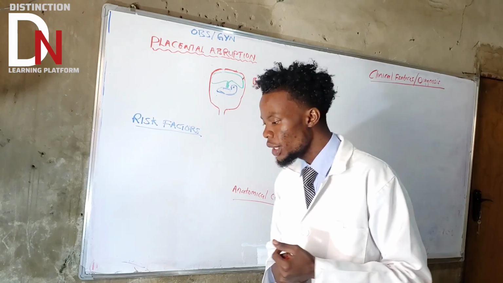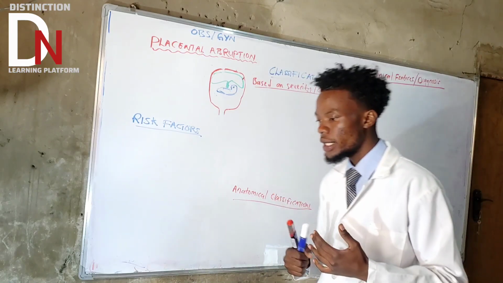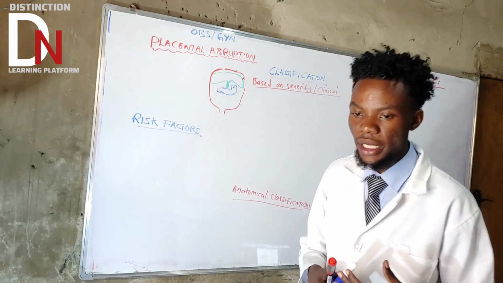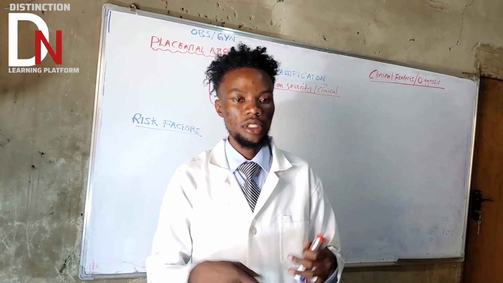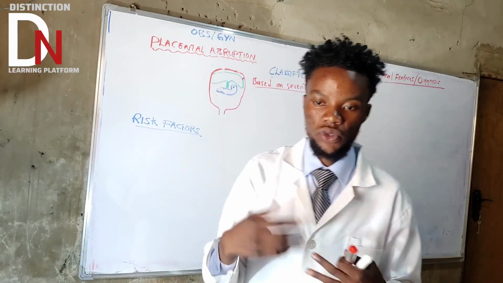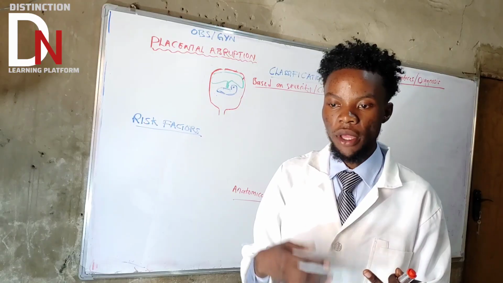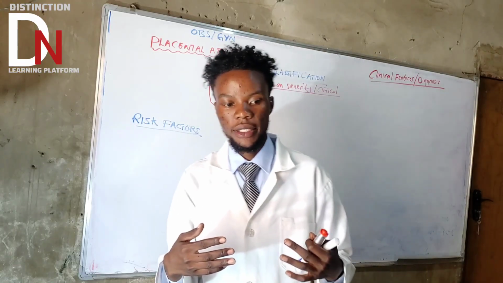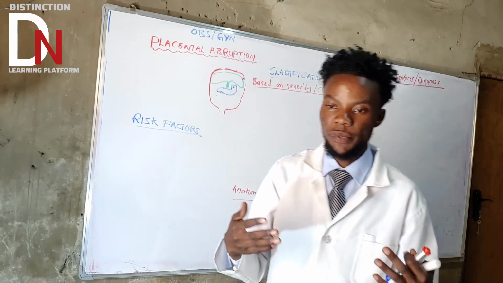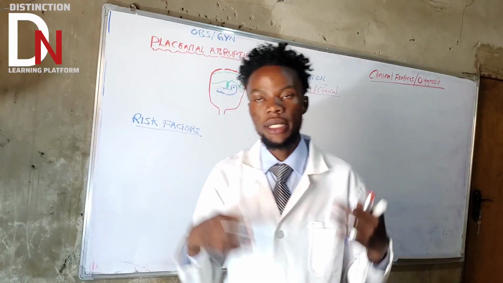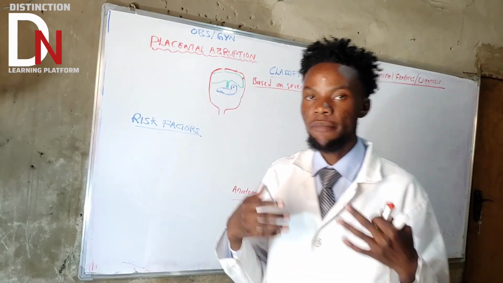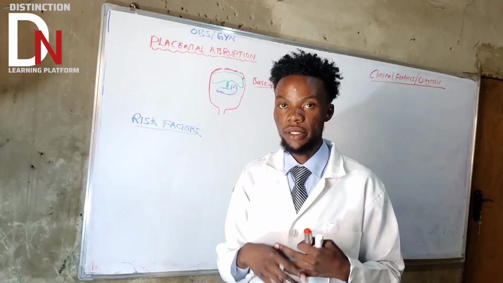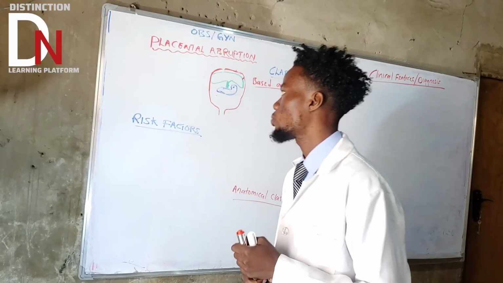If you talk about the occurrence of abruptio placenta, worldwide it has been estimated at about 1% or 0.4% of pregnancies. Basically, it occurs about 4 to 10 per 1,000 births.